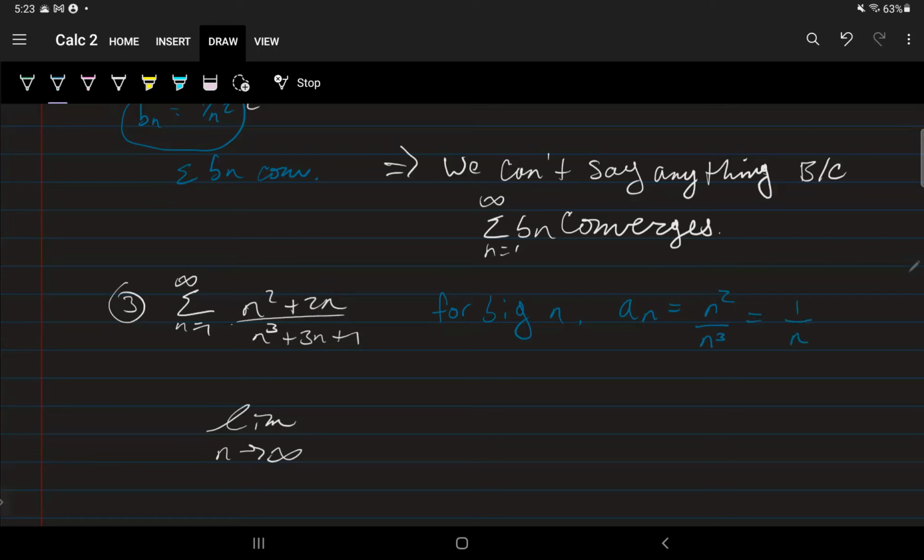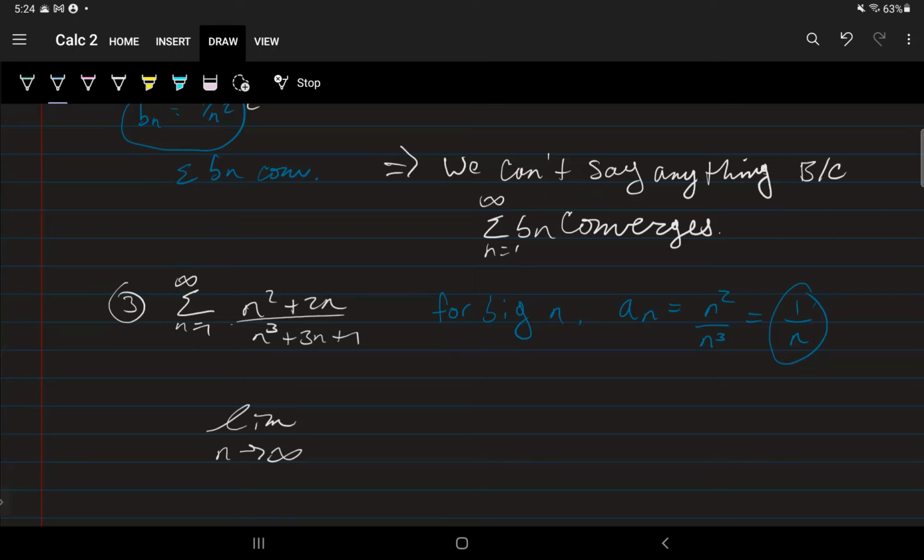So when n is really big, this sum is kind of similar to 1 over n. So our intuition should suggest that this sum should diverge.